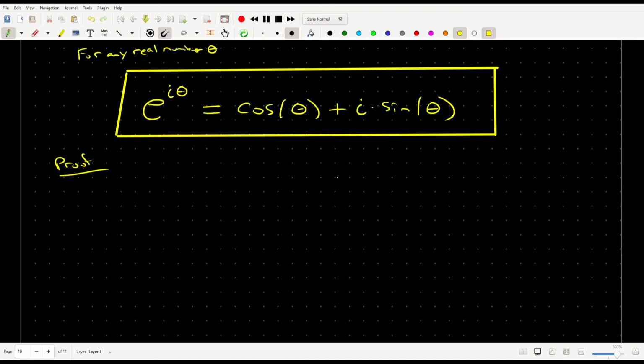The only thing where you have to take my word for it is that the radius of convergence for the exponential also extends to complex quantities. This is something that happens. So we know that e^u is the summation from k equals 0 to infinity of 1 over k factorial times u^k.